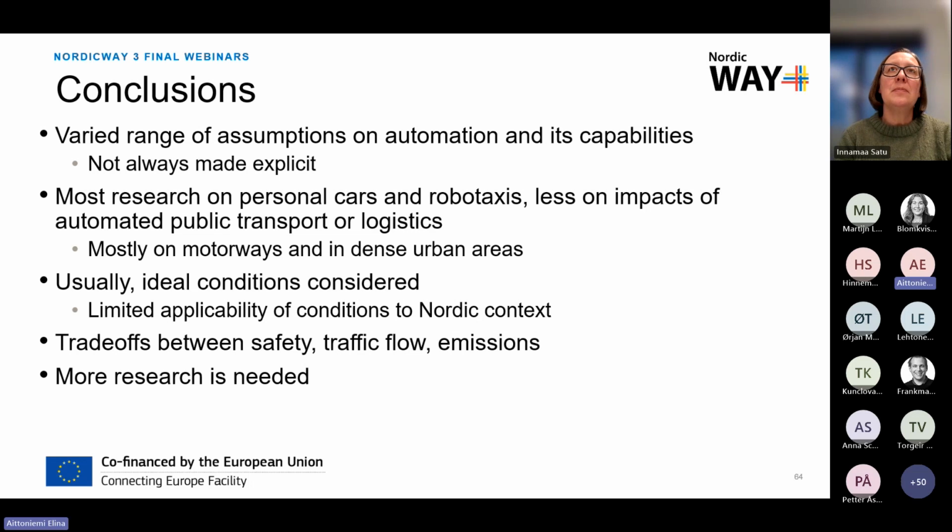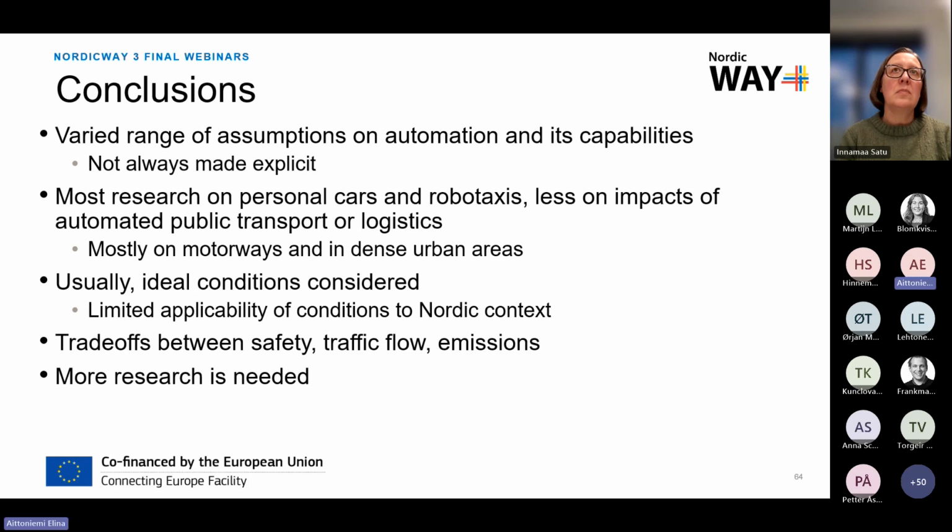Yeah, in the Nordic context, we have a lot of these two-lane roads, and for now, I think it is unclear whether or when automation could also extend to those where there are opposing directions and complex situations for these AVs. So some research on that could be made. Of course, we can, even before the deployment, assess the impacts using simulations and other tools. So that would be something to look at.